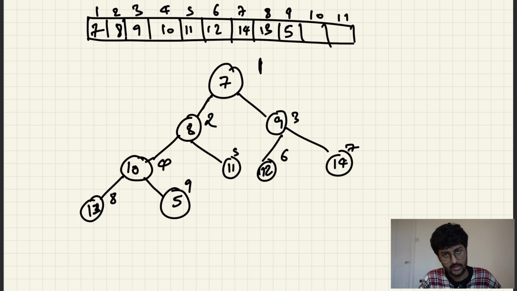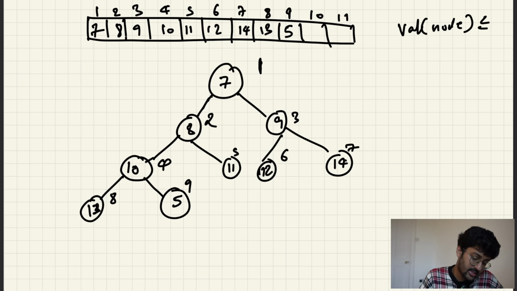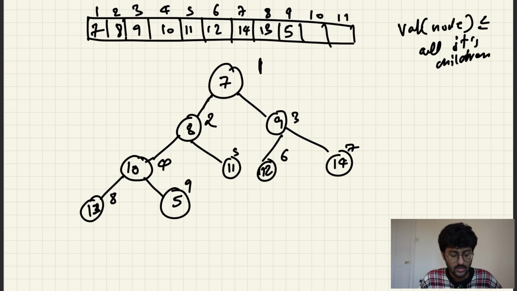So please remember one thing: for every node, the value of every node is less than or equal to all its children. Make sense? So the value of 10 has to be less than all its children. The value of 9 has to be less than all of its children. The value of 8 has to be less than all of its children. Right now because of 5 that is violated, but in general it holds.